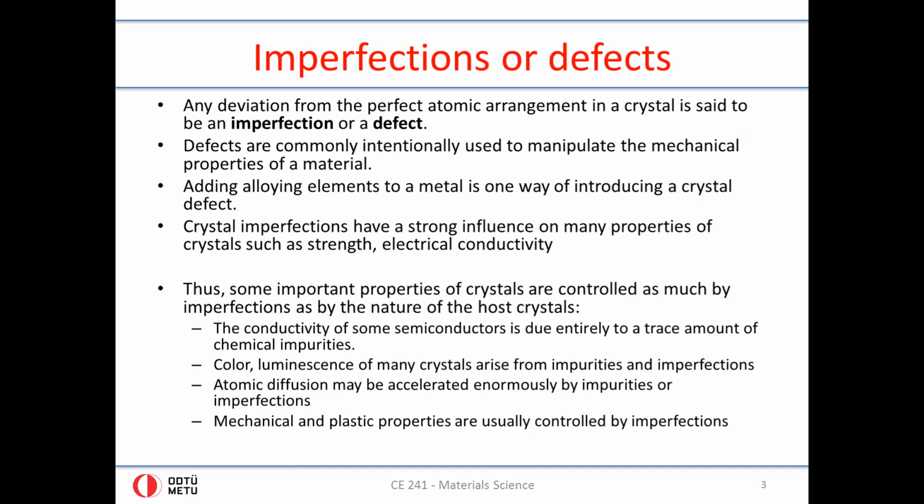And it's important now to state that often defects in materials are added intentionally by the people who are using those materials to obtain slightly modified materials with better properties.